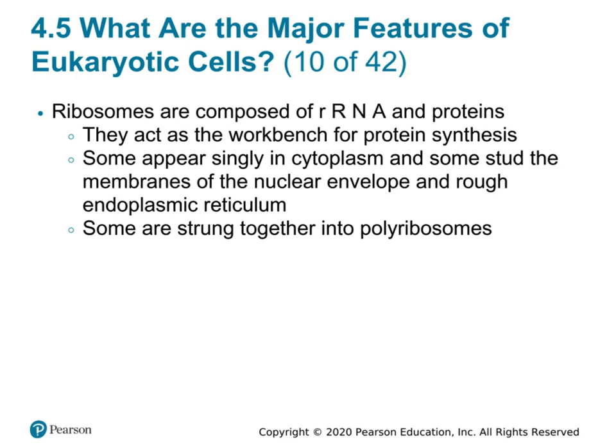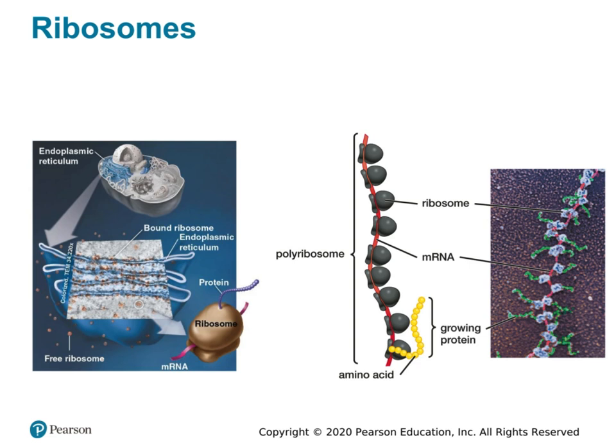Some ribosomes are actually strung into polyribosomes. So here we can see a couple of areas where you can find a ribosome. You can see the endoplasmic reticulum is highlighted, and there are smooth and rough versions of endoplasmic reticulum. The rough is called rough endoplasmic reticulum because it has ribosomes and appears bumpy.